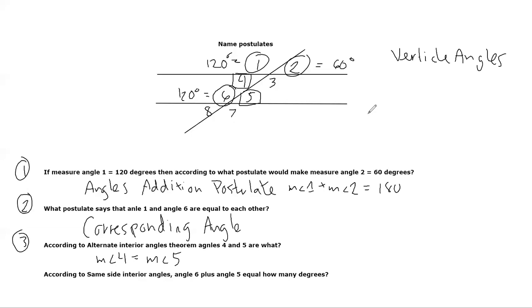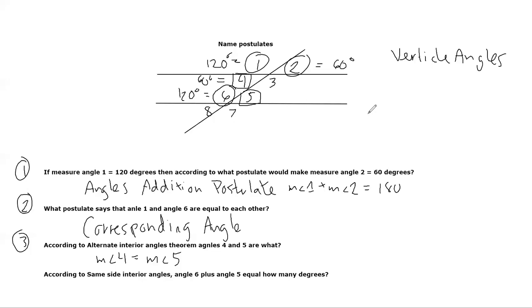They're across from each other, and 2 and 4 are an example of those. 1 and 3 are examples of vertical angles. 6 and 7 are examples of vertical angles, and 8 and 5 are examples of vertical angles. Vertical angles are angles that are diagonal to each other, and they equal each other. Which means if measure angle 2 is a vertical angle to measure angle 4, they equal each other. That means that measure angle 2 is 60, measure angle 4 is also 60.